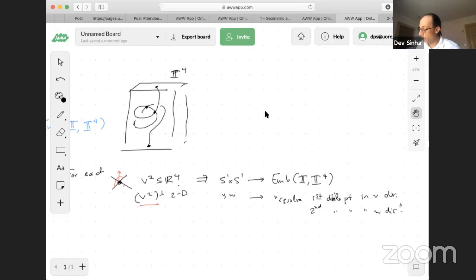And I claim that the fundamental class of this gives me a class in the two-dimensional homology of the space of embeddings, and that's a generator. So that generates that Z in the spectral sequence.